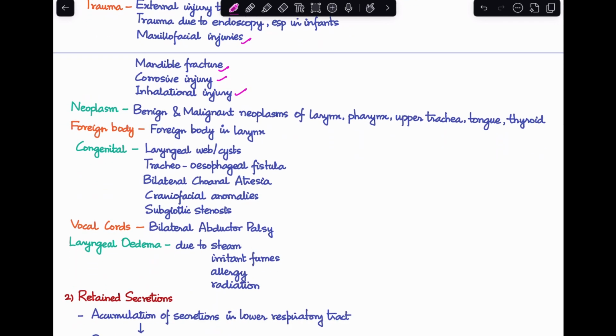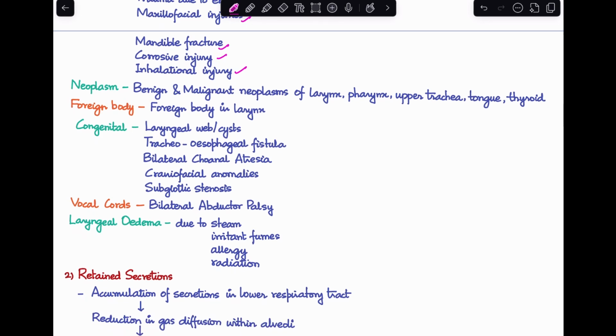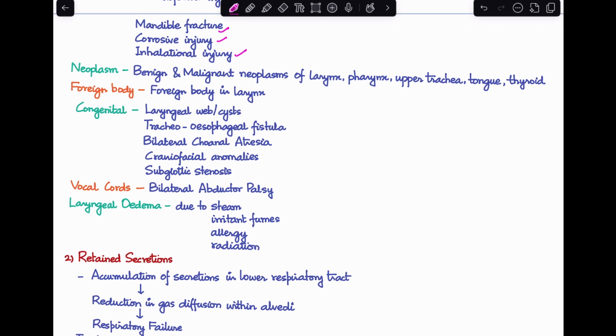Next is neoplastic causes. Now, this can be any benign and malignant neoplasm, which involves the larynx, pharynx, upper trachea, tongue, and thyroid. If any foreign body is there in the larynx, that will also cause respiratory obstruction. Then, moving on to congenital causes, there can be laryngeal web or cysts, tracheoesophageal fistula, bilateral choanal atresia, craniofacial anomalies, and subglottic stenosis.